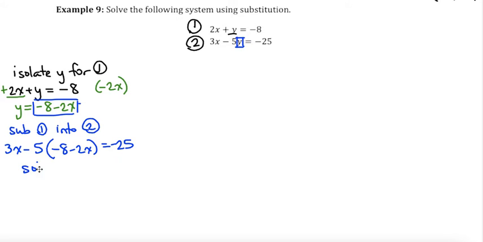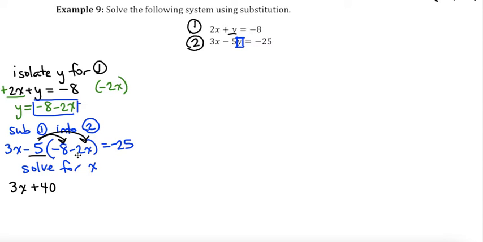Now I want to solve for the only letter I have left, which is x. And I do that by first doing the distributive property. So I'm taking my negative 5 and I'm multiplying it by everything inside of this bracket. So start with your 3x. Negative 5 times negative 8 is positive 40.